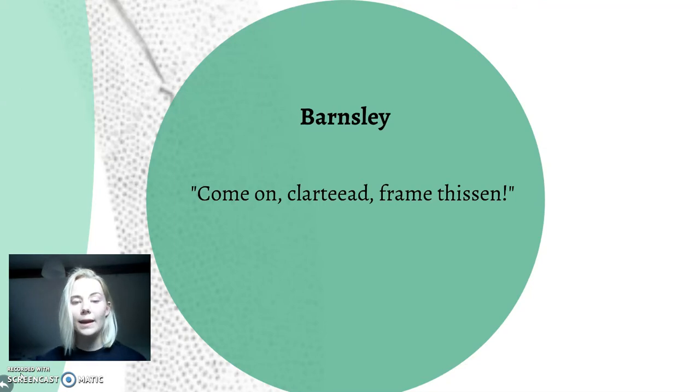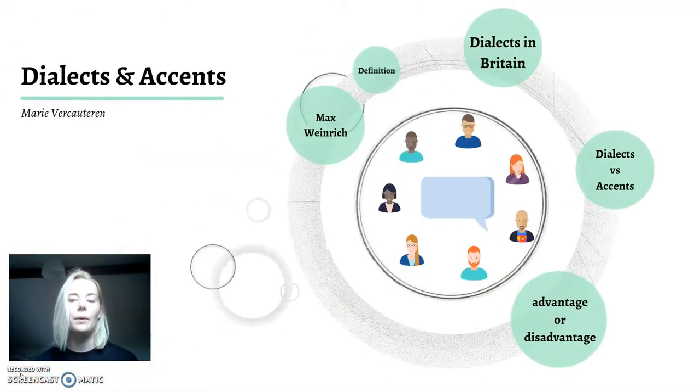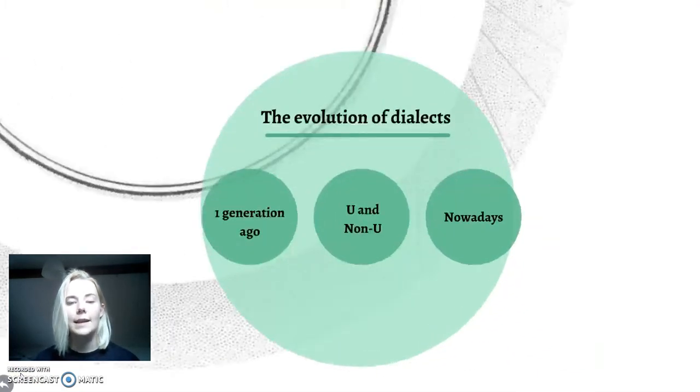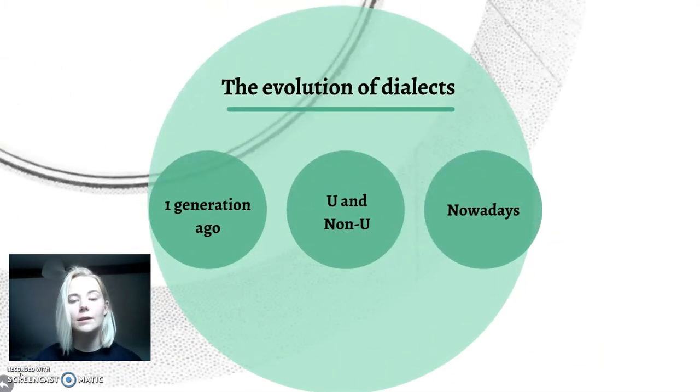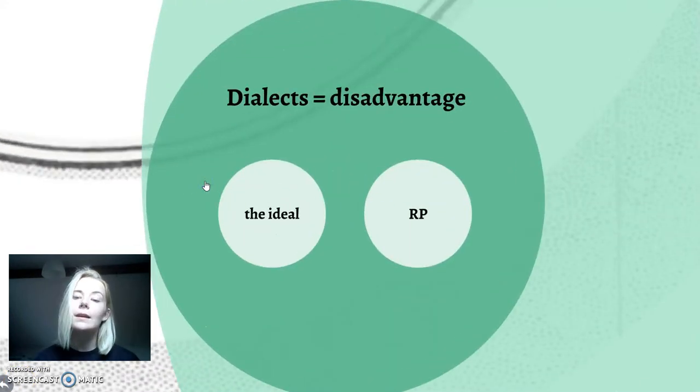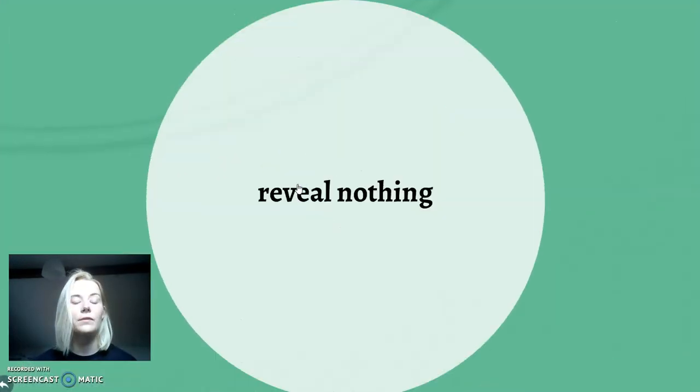Now, to end this presentation, I want to tell you a bit more about the evolution of dialects. First, let's see what people thought of a dialect one generation ago. Well, it certainly was a big disadvantage. The ideal was to speak in a way that revealed nothing about your background, your class, or even where you'd been to school. Speaking RP was the way to do this.